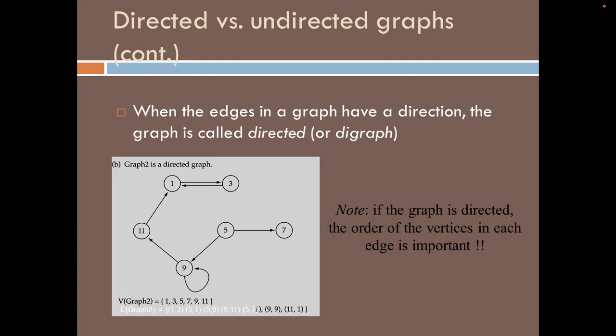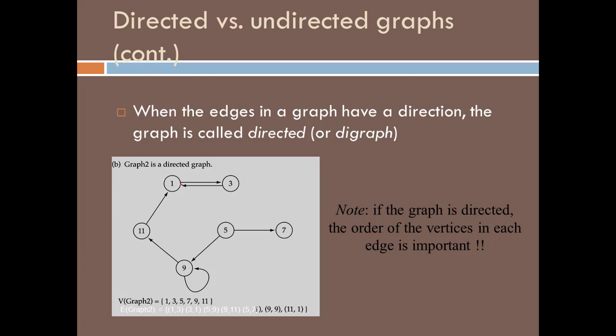So when the edges in a graph have a direction, the graph is called a directed graph or digraph. For example, if we look at this particular graph, which is graph 2, it is a directed graph. It has directed edges from each node towards some other node.